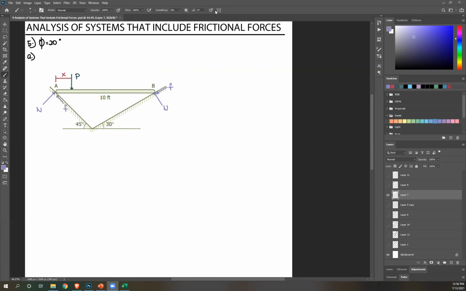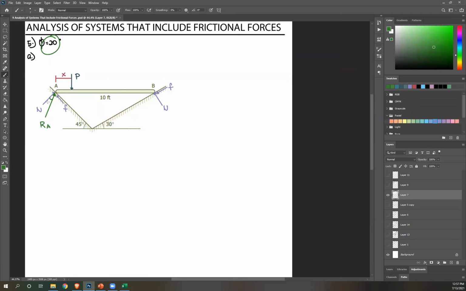Now, there's 4 unknowns. From this, you already know there's 4 unknowns, and there's only 3 equilibrium equations. So I need to do something else. Well, you've noticed we're given theta and phi. And what is phi again? Phi is the angle of your resultant from your normal force. So if I draw the resultant here, let's call this RA.